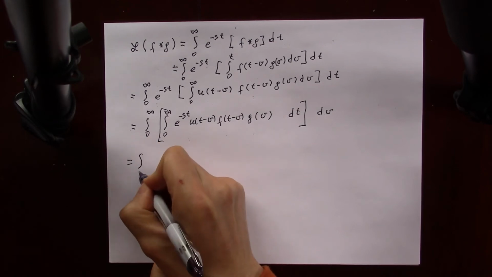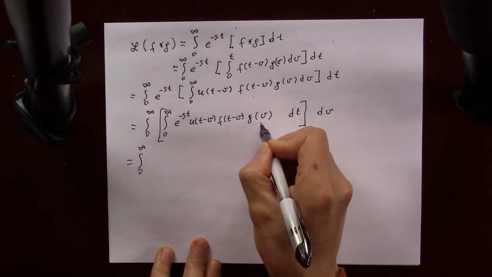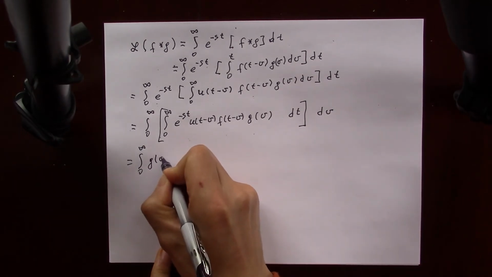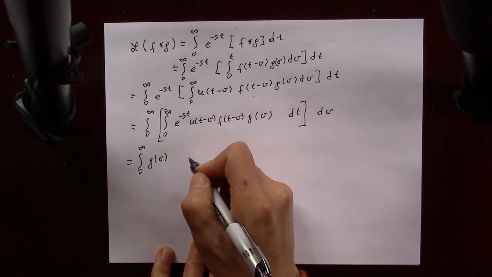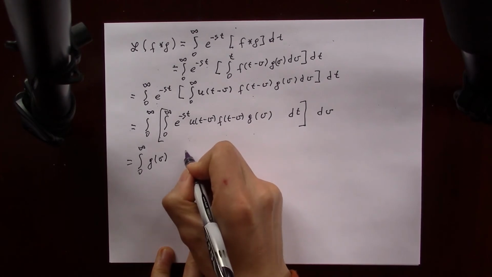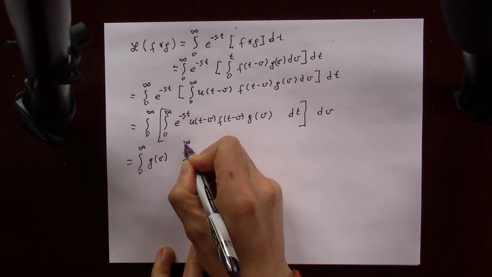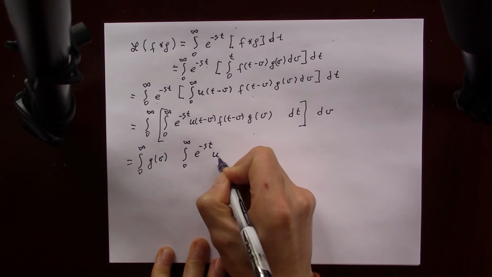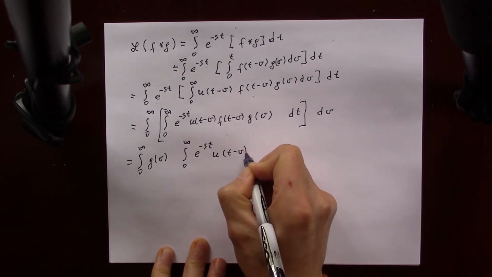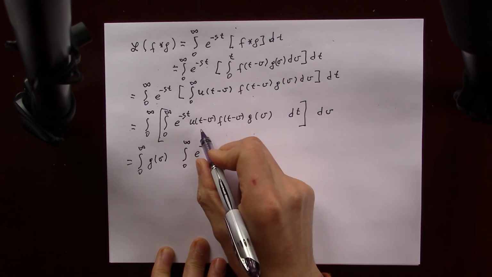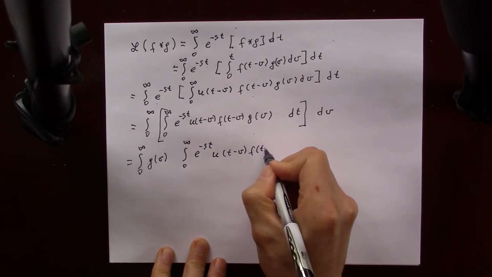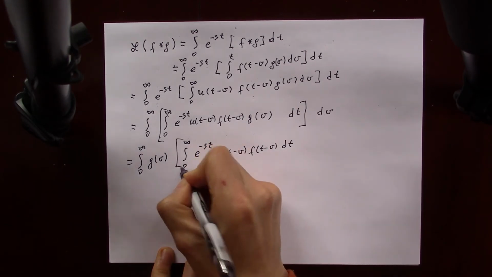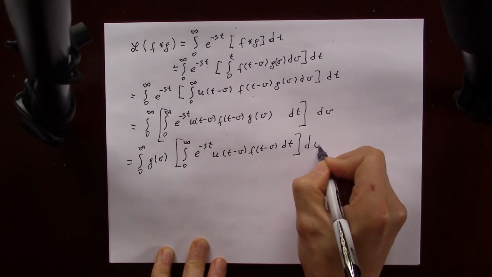equals. g of v is a constant with respect to t, so I can take it outside. And inside we're going to get integral 0 to infinity e to the negative st u of t minus v f of t minus v dt dv.